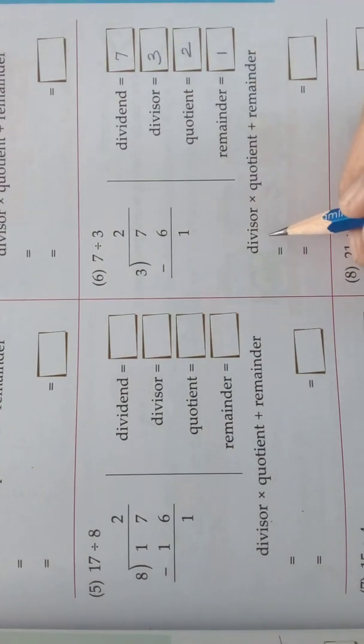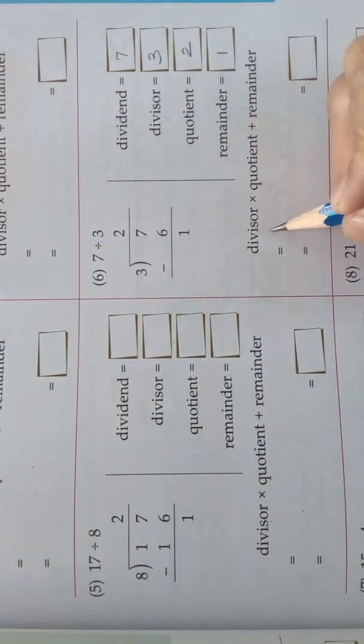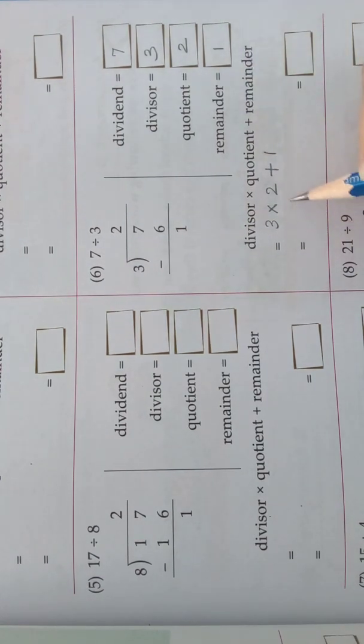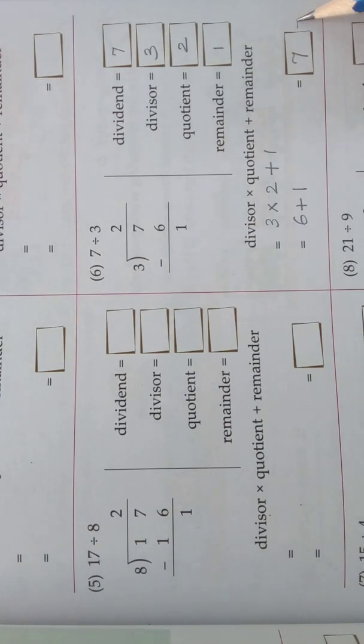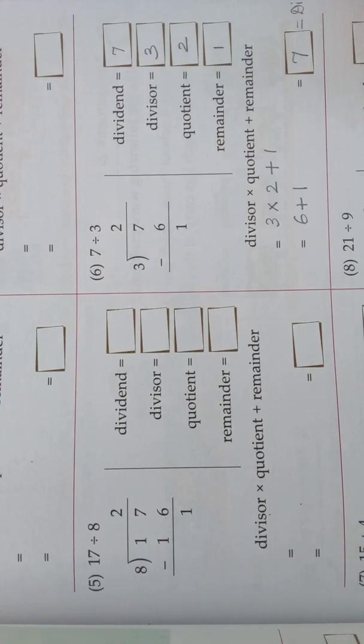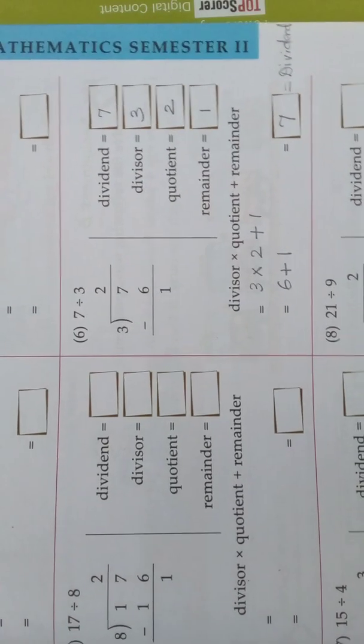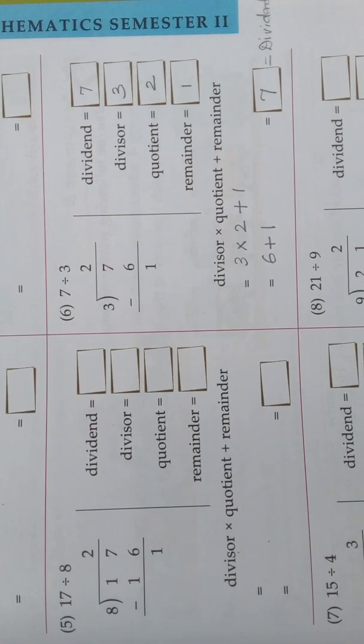So, take divisor into quotient plus remainder. 3 2s are 6, 6 plus 1, 7. That is nothing but the dividend. You verified, no? Yes. Understood, children? So, in this way you should verify.